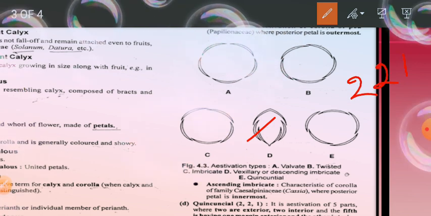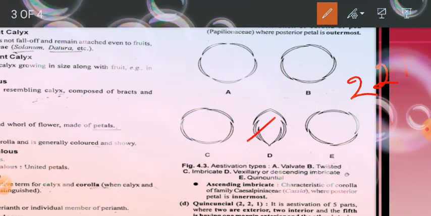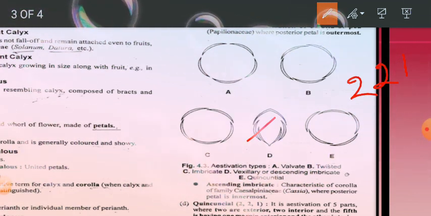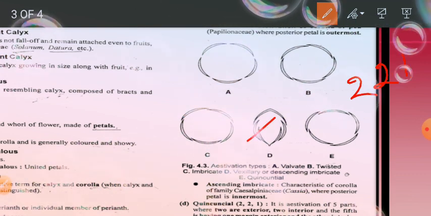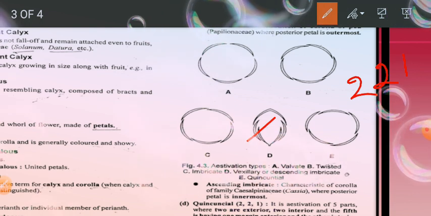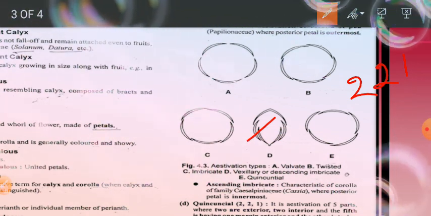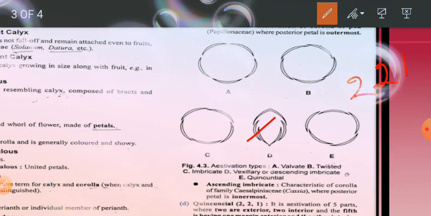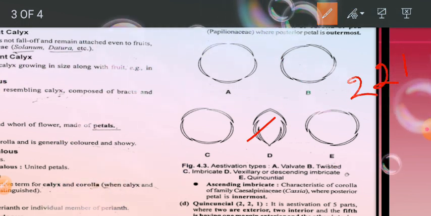Here two are exterior, two are interior, and the fifth has one margin exterior and the other interior.